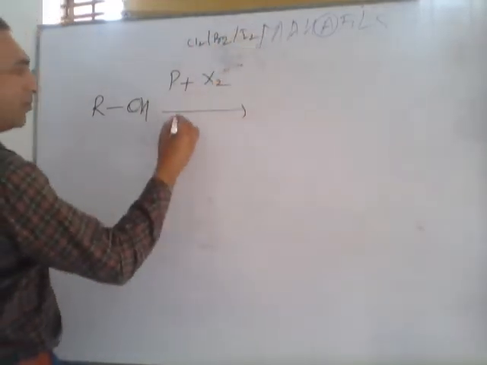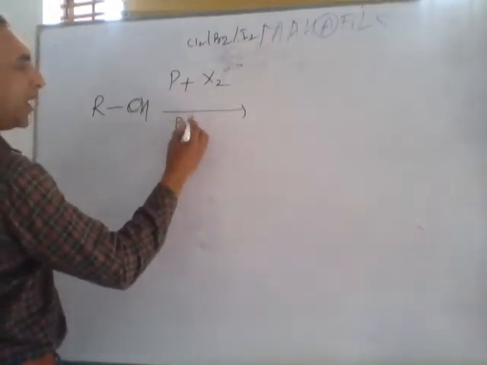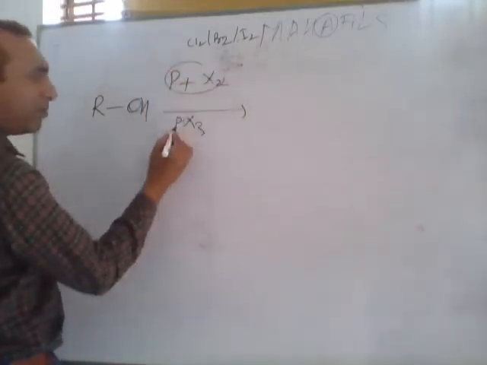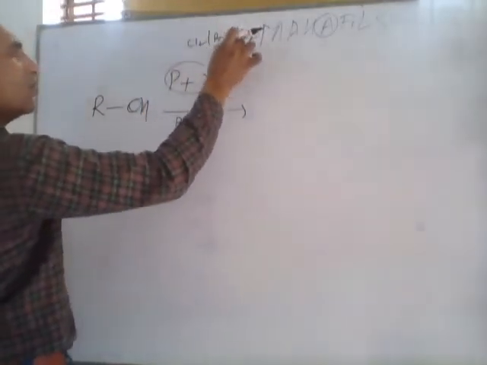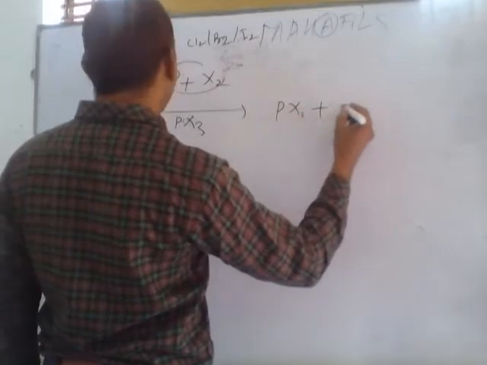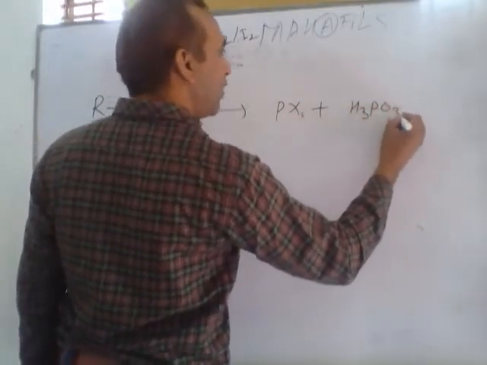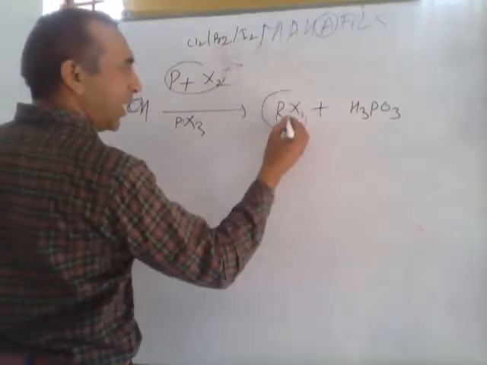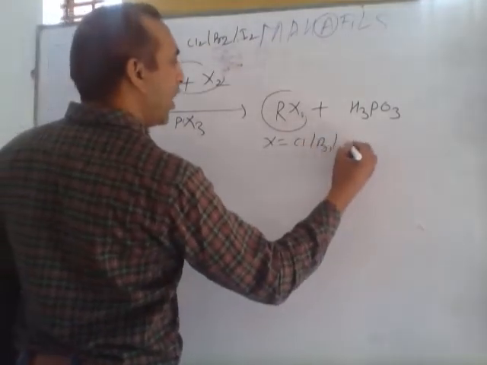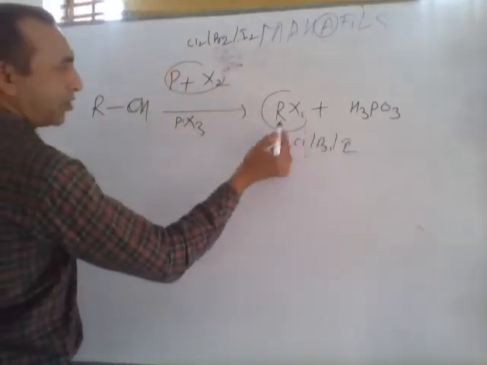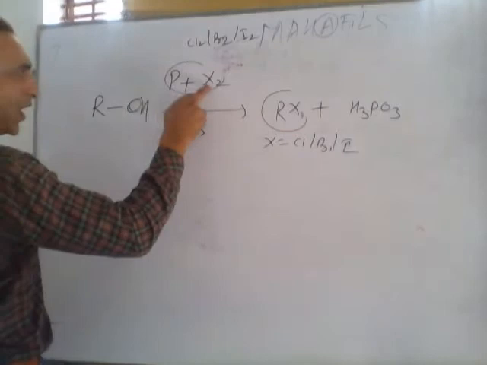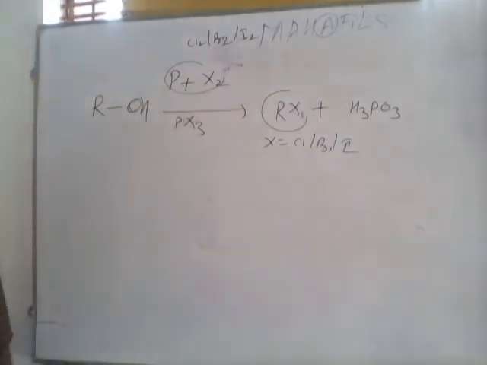These two react and form PX3, such as PCl3, PBr3, PI3. So the reaction of red phosphorus and halogen gives PX3, which then reacts with ROH to form RX along with H3PO3. Remember, to prepare iodo, chloro or bromo alkanes, we use red phosphorus along with X2 for reacting with alcohol.